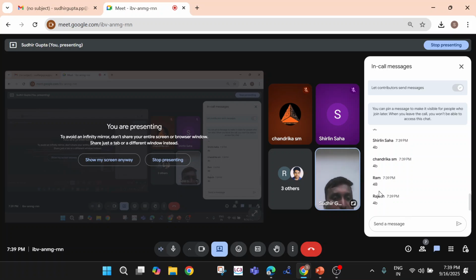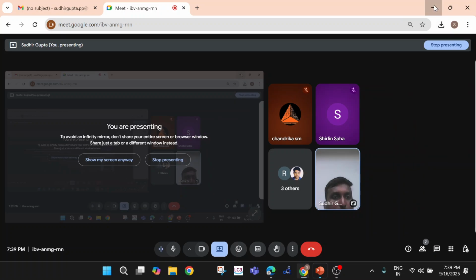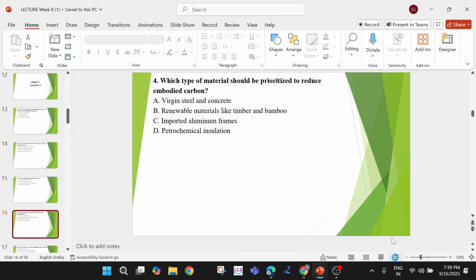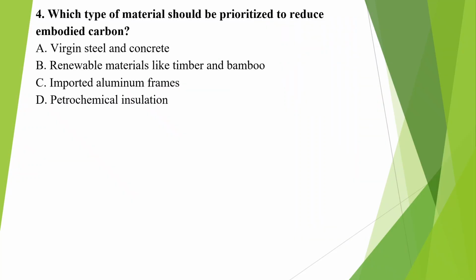Within 1 minute, you are able to solve the questions and read all the four options. So Celine is the first to answer this question, followed by Chandrika. All of you have marked option B for this question number 4. Nobody is having a different opinion. Okay. So option B is the correct answer. All of you are correct.